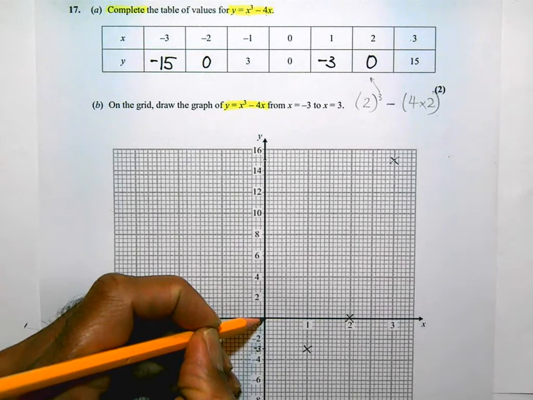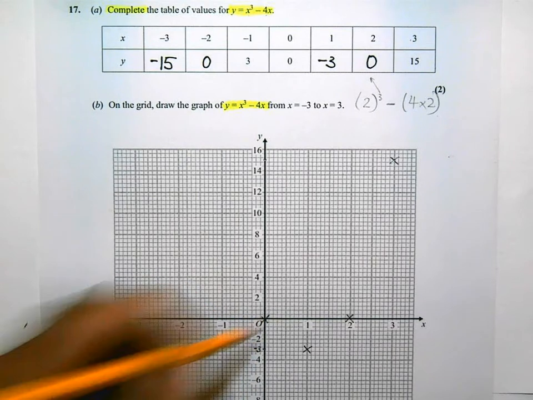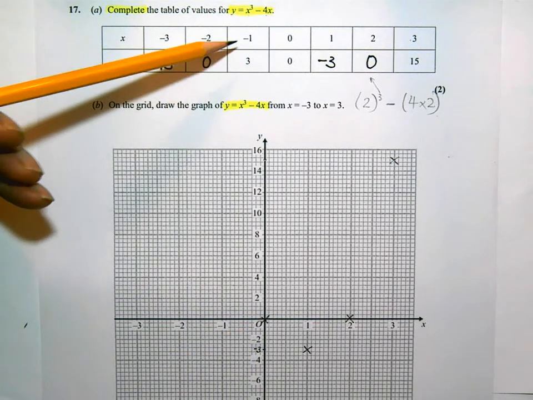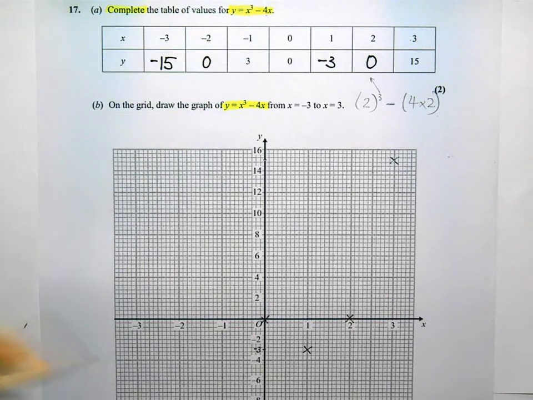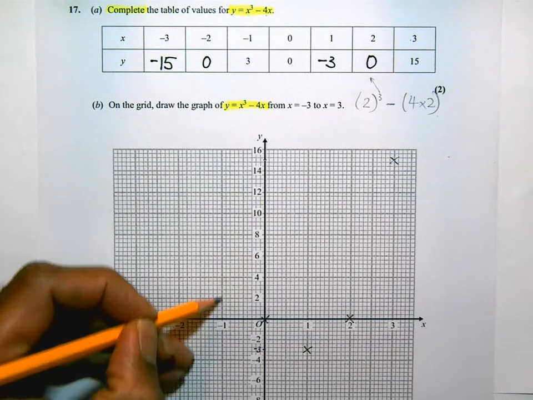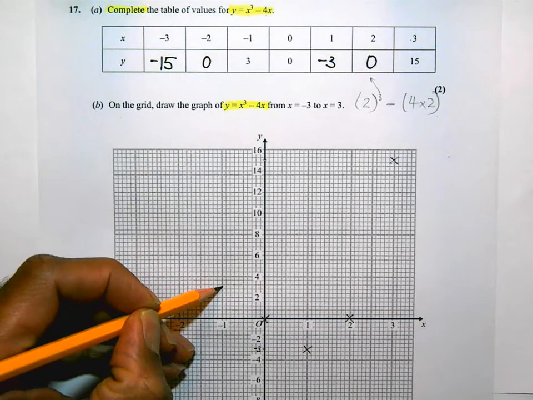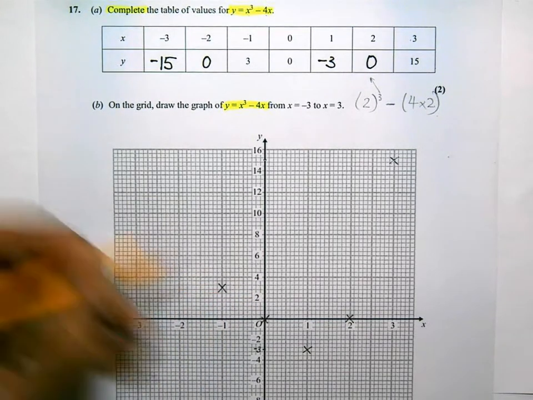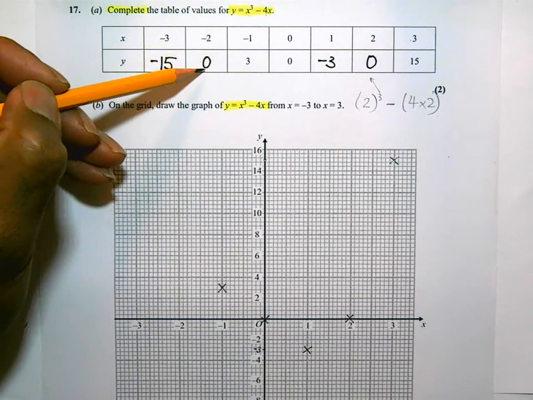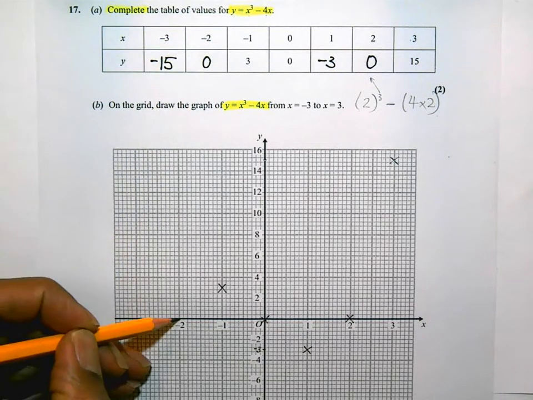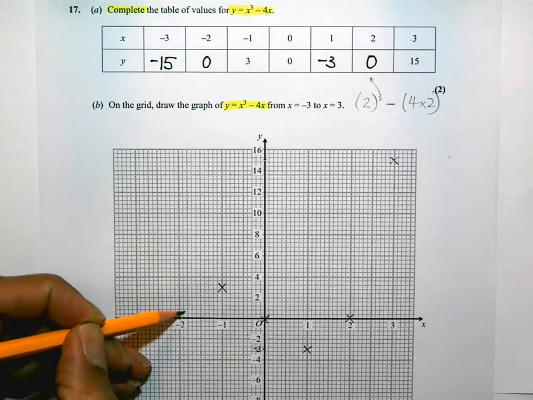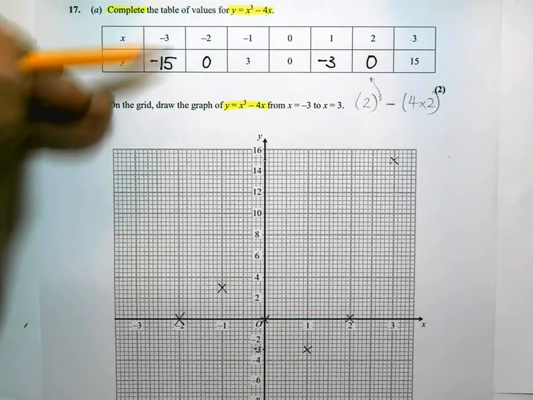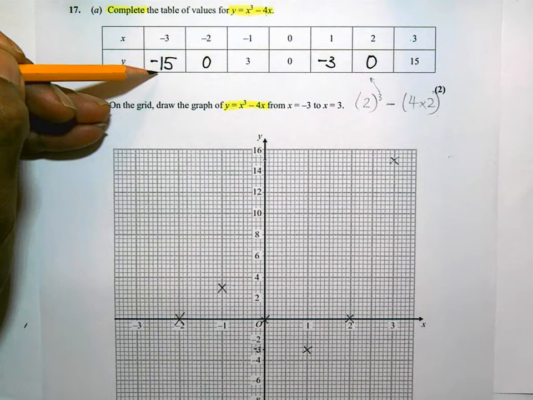When x is equal to minus 1, y is equal to 3, so I go up to 3, which is again that point halfway between 2 and 3, which is there. When x is equal to minus 2, y is equal to 0, so it's back at 0 here. And then finally, when x is equal to minus 3, y is equal to minus 15.